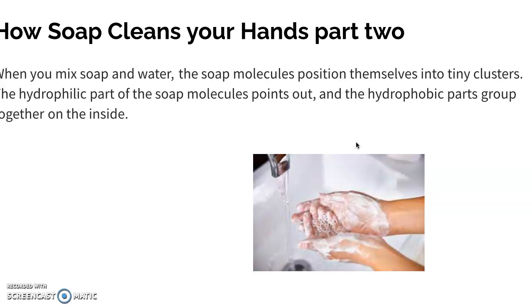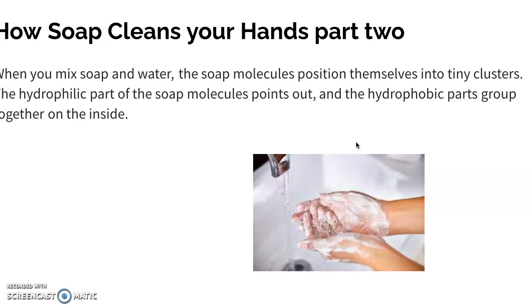When you mix soap and water, the soap molecules position themselves into tiny clusters. The hydrophilic part of the soap molecules points out, and the hydrophobic parts group together on the inside, which causes the oil to be trapped inside the soap when you get it onto your hands.